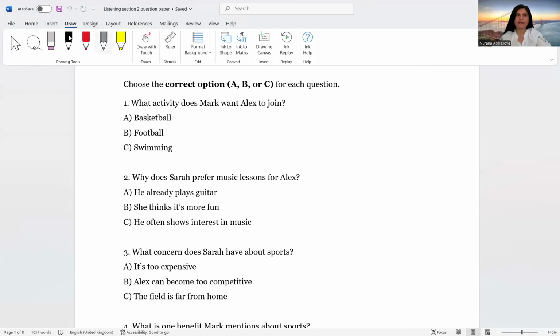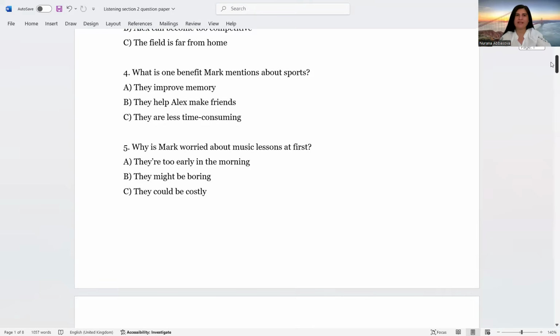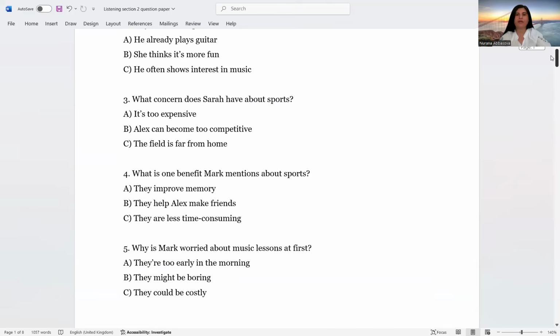And then underline some keywords within these 30 seconds, then listen, and then the audio will give you again time to read 30 seconds, again read the remaining 3 questions and answer the questions.